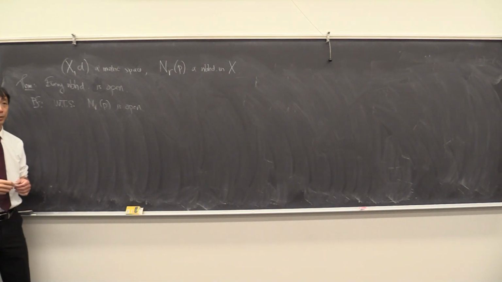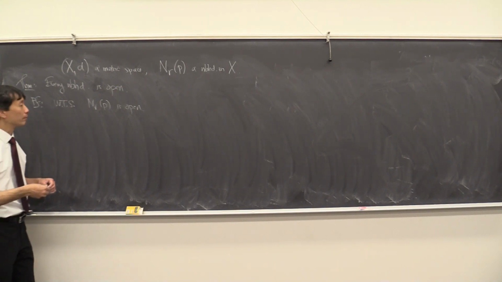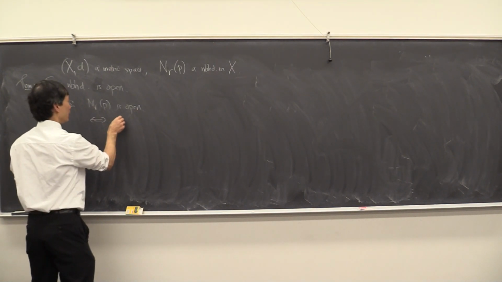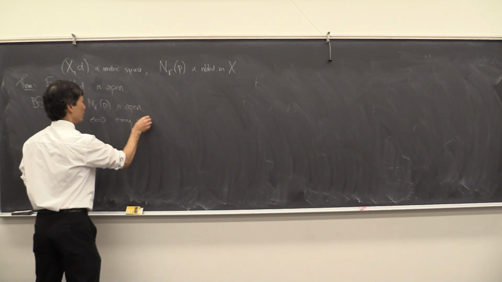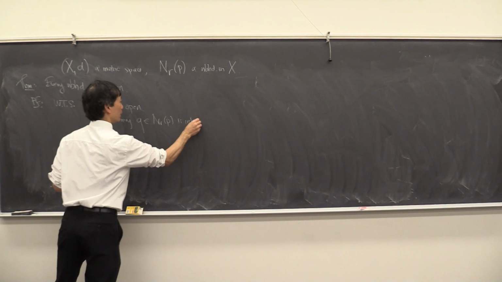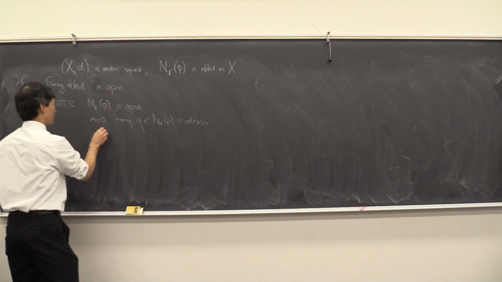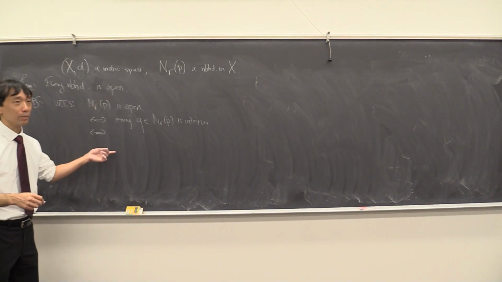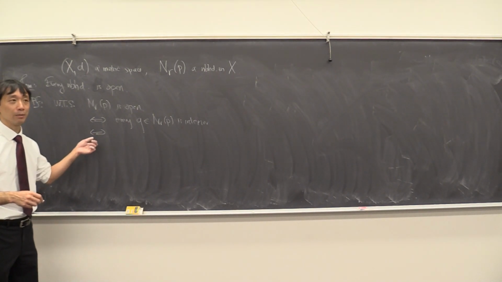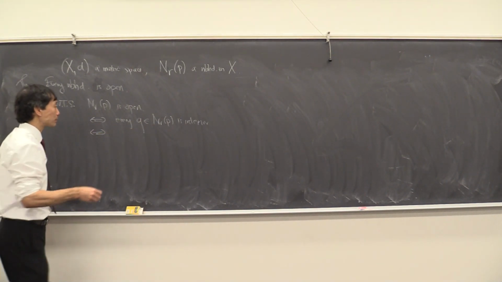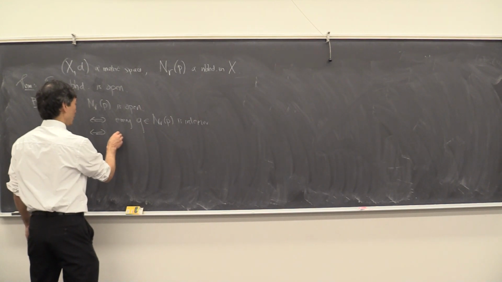What does it mean to show that this thing is open? We need to show that every point is an interior point. In other words, every q in the neighborhood is interior. What does it mean to be interior? Given the point, you can find a neighborhood around that point that's contained in this set.